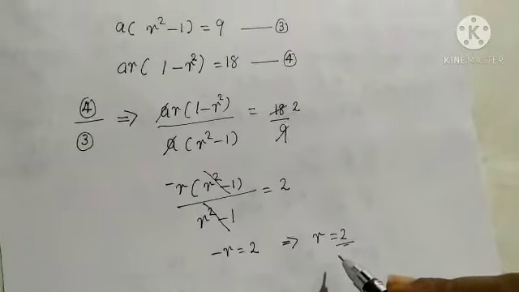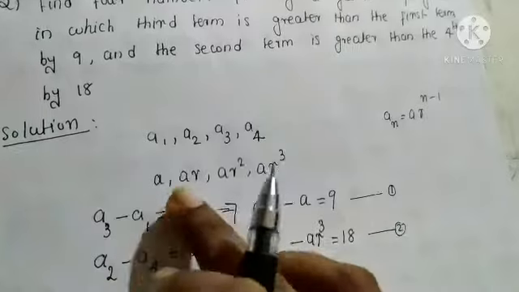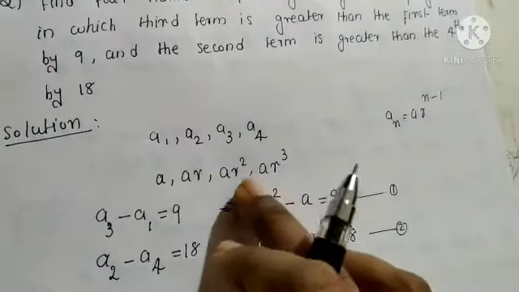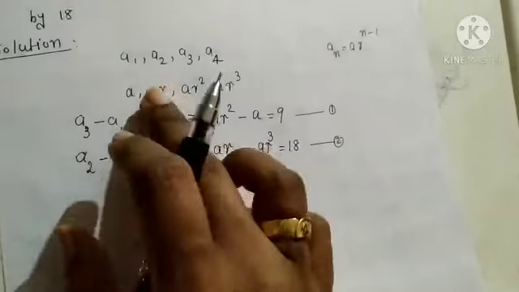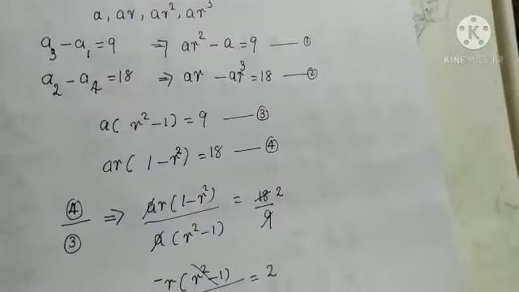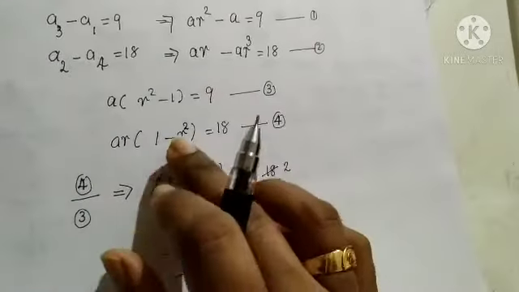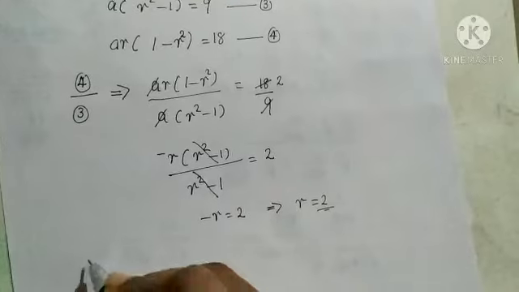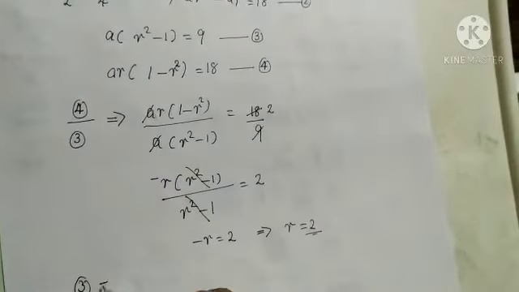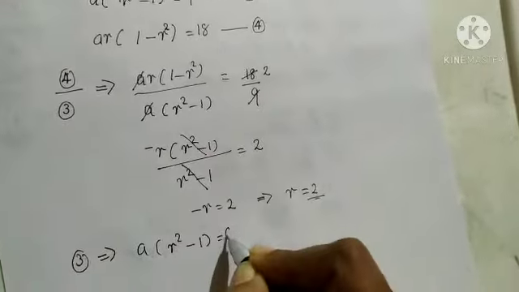Okay. So we need to find out the four numbers, that is a, ar, ar square, ar cube. So for that we need the value of a. So next I am going to substitute the value of r in equation number 3. Equation number 3 is a into r square minus 1 equal to 9, right?